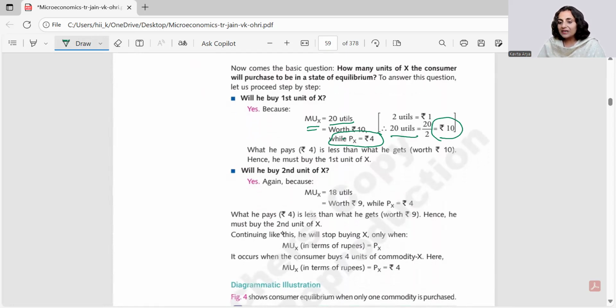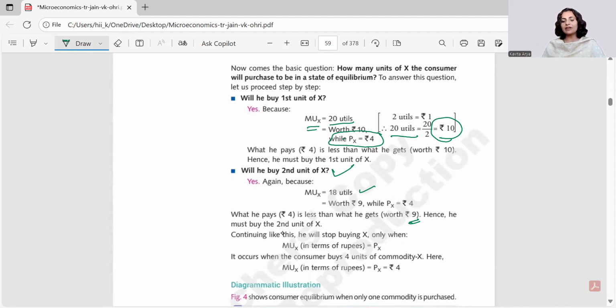It means while you are to pay 4 rupees, you are getting the worth of 10 rupees. So you would buy. Will he buy the second unit? He'll keep on repeating his process of buying till his price is equal to the marginal utility. So MUX in the second stage is worth 9. He is paying rupees 4, but he is getting the worth of 9. So he would be happily buying it.